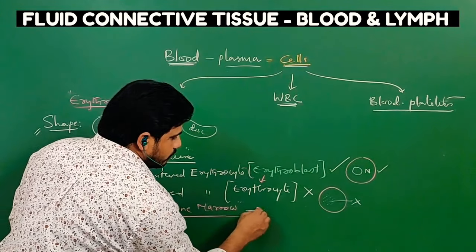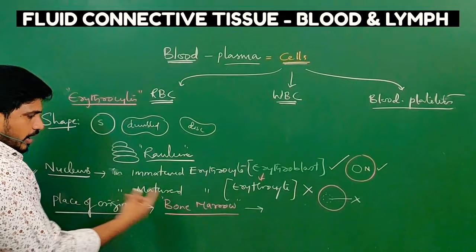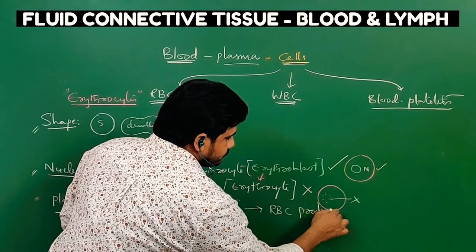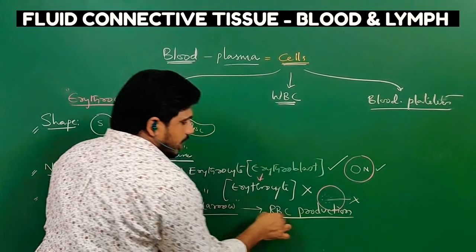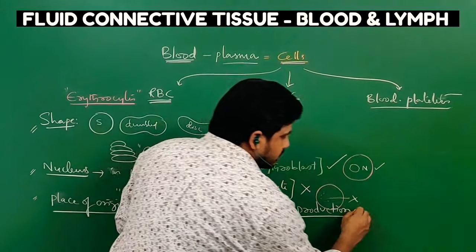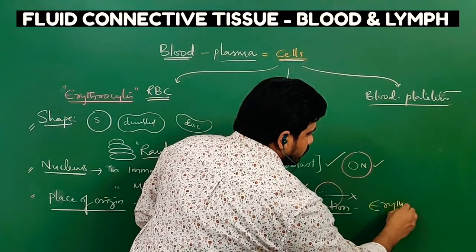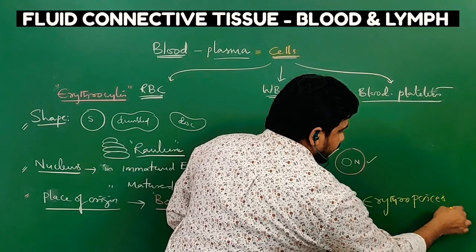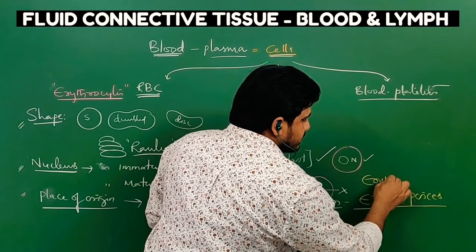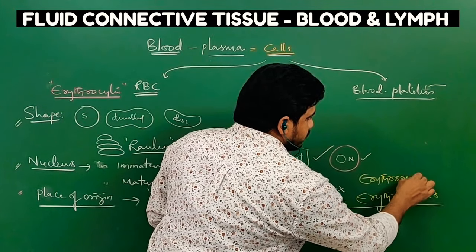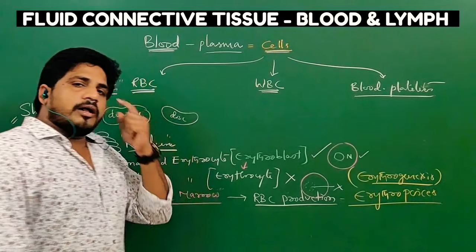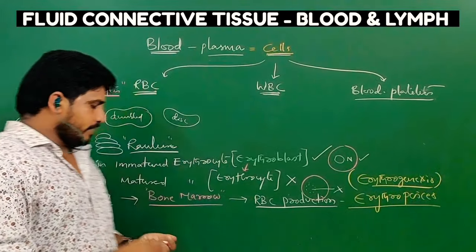The bone marrow is the site of RBC production. This RBC production is named erythropoiesis or erythrogenesis.